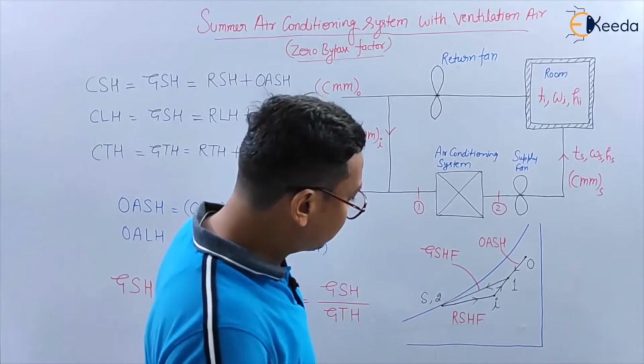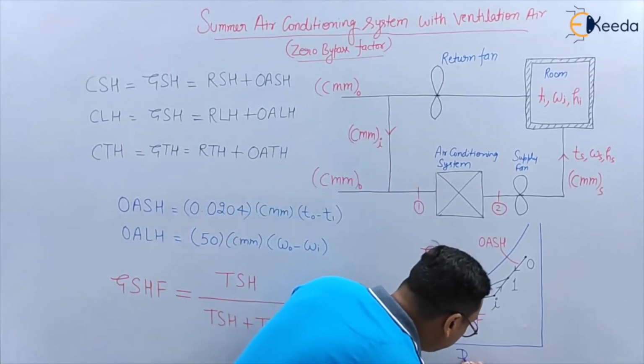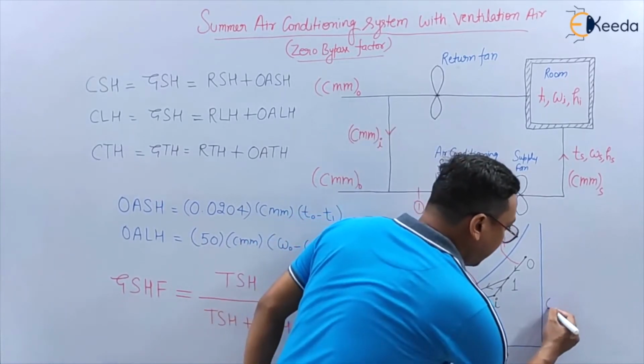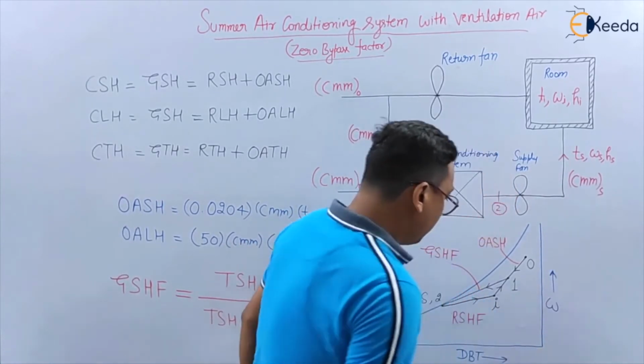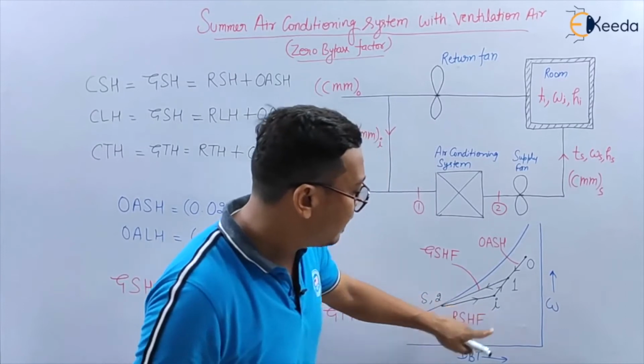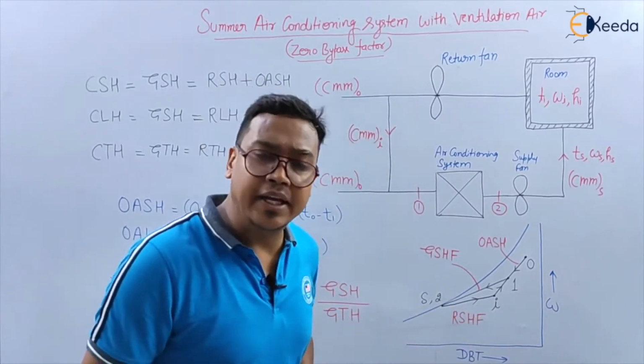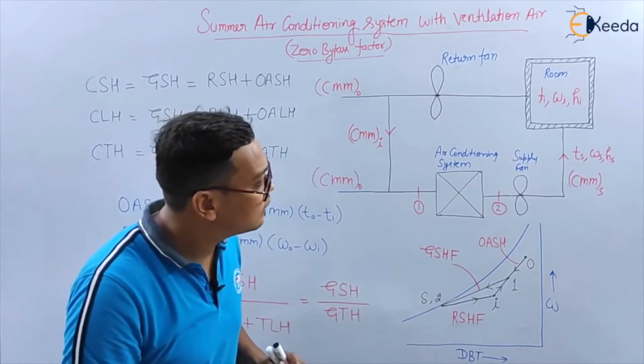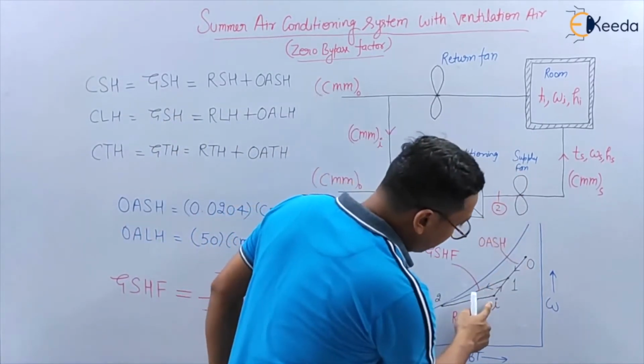This is the dry bulb temperature increasing and this is omega. So from S to I, temperature of air is increasing and moisture of air is increasing. So we have reached point number I.